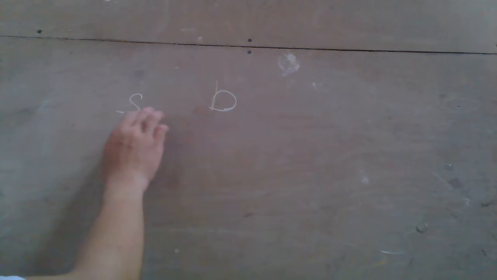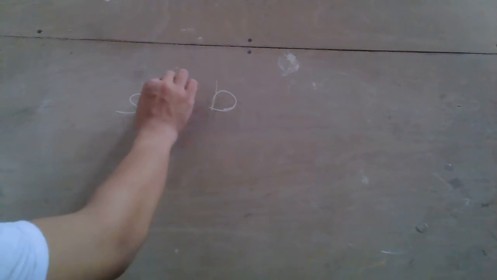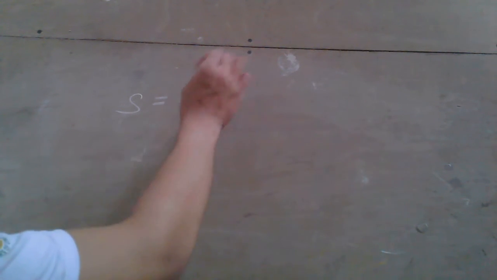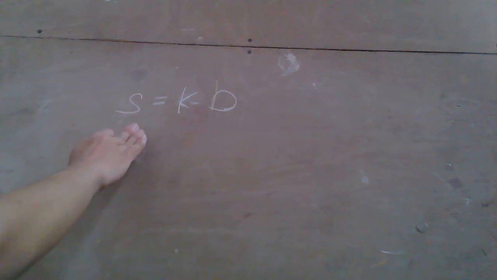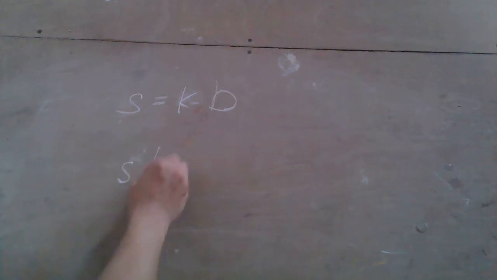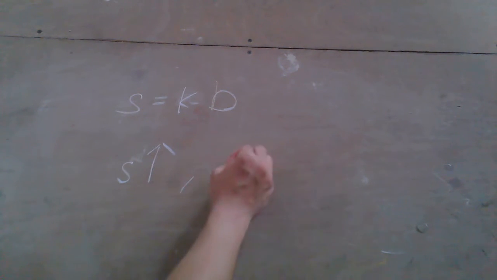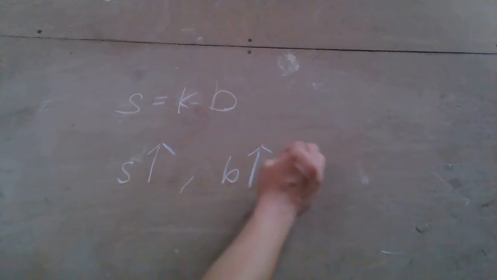When we say that these two are directly proportional, they are equal with a constant. I'm not using A, this is K. So this is equal to a constant. So as S increases, B increases by a factor of K. You got that?